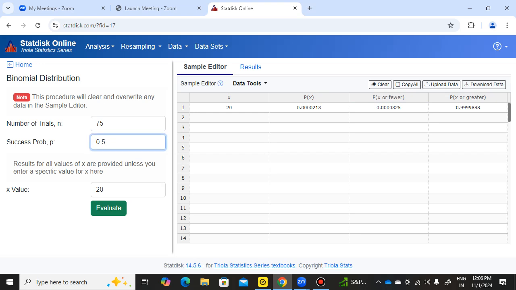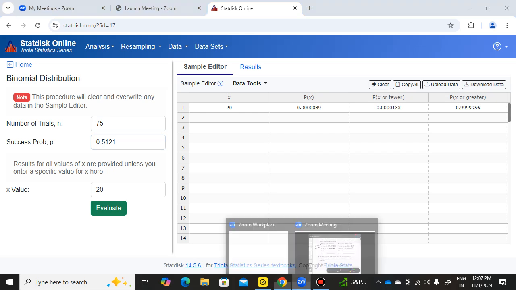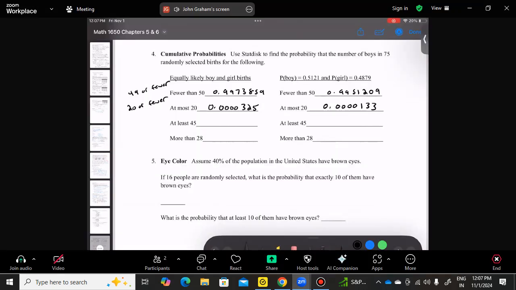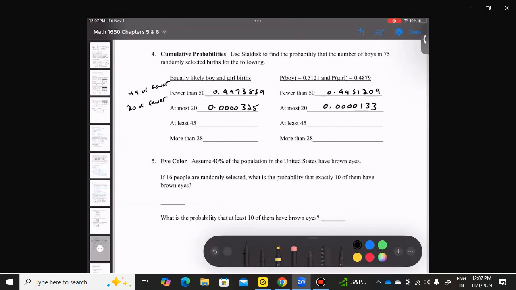And then 0.5121, it's 0.0000133. Let me bring this back up so you can see the values I have written. So 49 or fewer, pretty high probabilities for each of these. And 20 or fewer, very low probabilities, which is why we have to write them all out.